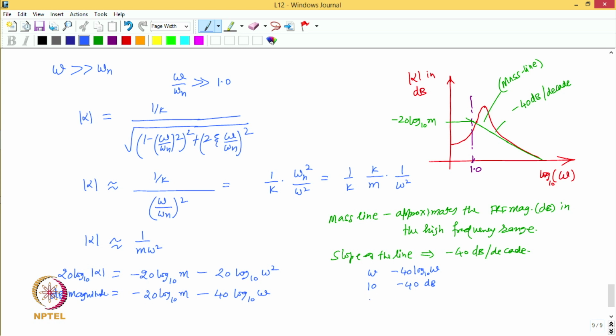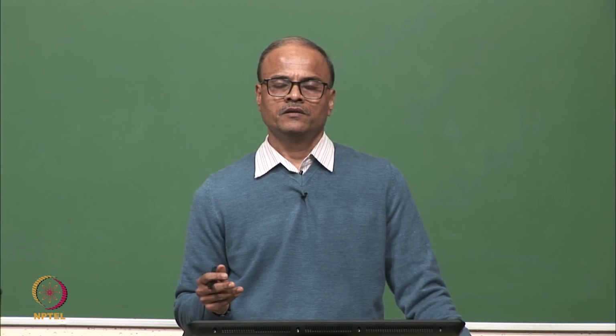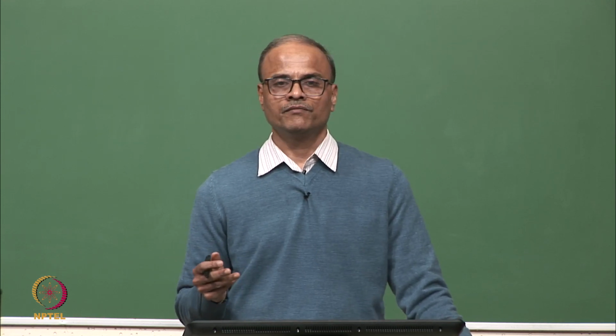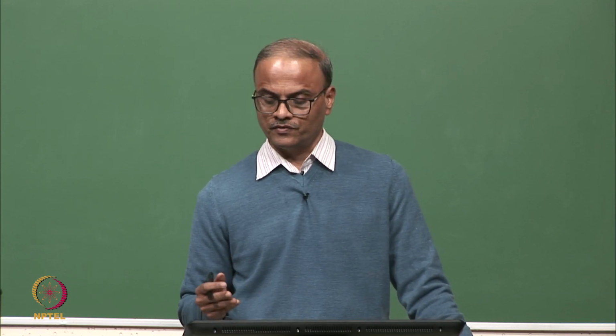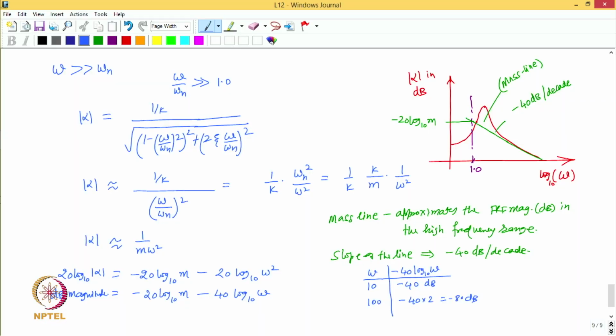And if I increase the omega by a factor of 10, that is, I make it 100, then this would be minus 40 into 2, that is minus 80 dB. So, this means that when we increase the omega by 1 decade, that is a factor of 10, then the magnitude of the FRF drops by 40 dB. So, the change is minus 40 dB, and hence we say that the slope of this line is minus 40 dB per decade.